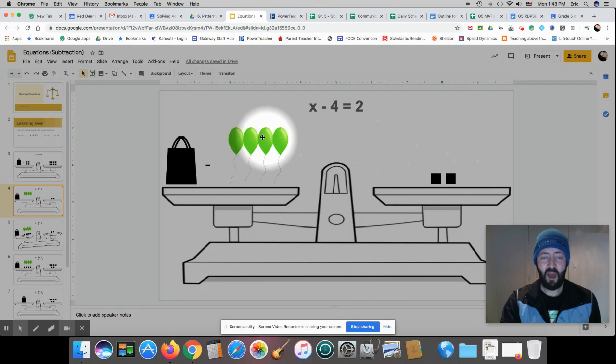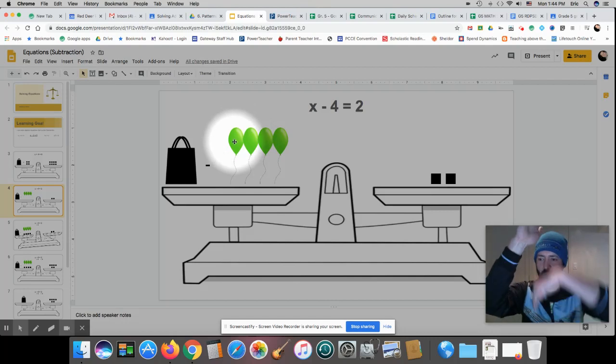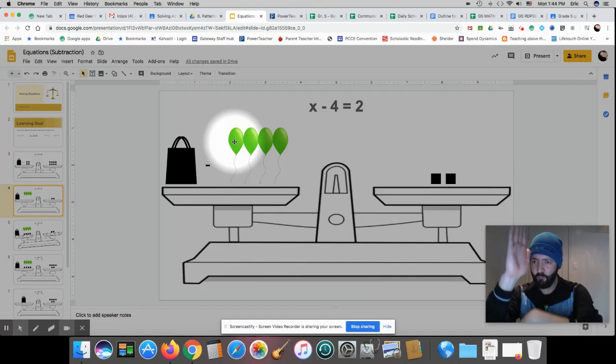So here's how we're going to look at this today: rather than subtracting or getting rid of these helium balloons, we're just going to tie counterweights onto the bottom of them, onto the string. And so the balloon is going to want to lift up, but the counterweight is going to want to pull down. And when we pull up and pull down with the same amount, it has a net weight of 0, or another way of saying that is that they cancel out.